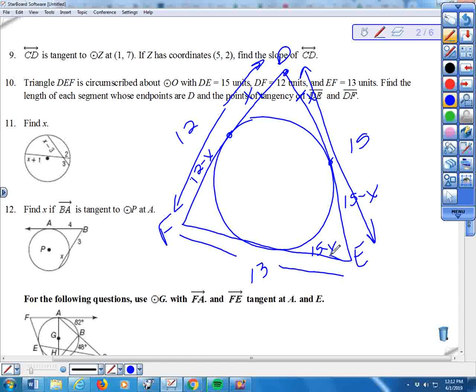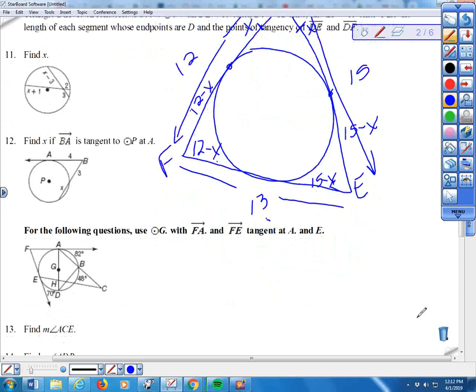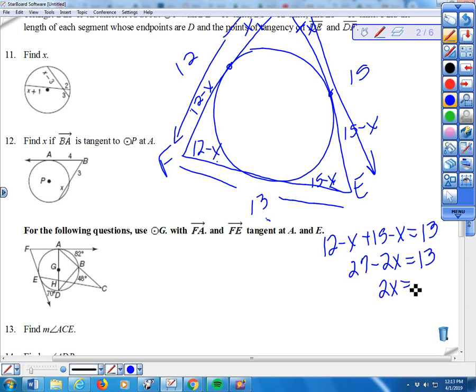And this has to be 12 minus x. So we know 12 minus x plus 15 minus x has to equal 13. So that is 27 minus 2x equals 13. 2x equals 14. X is 7. So that's the length.